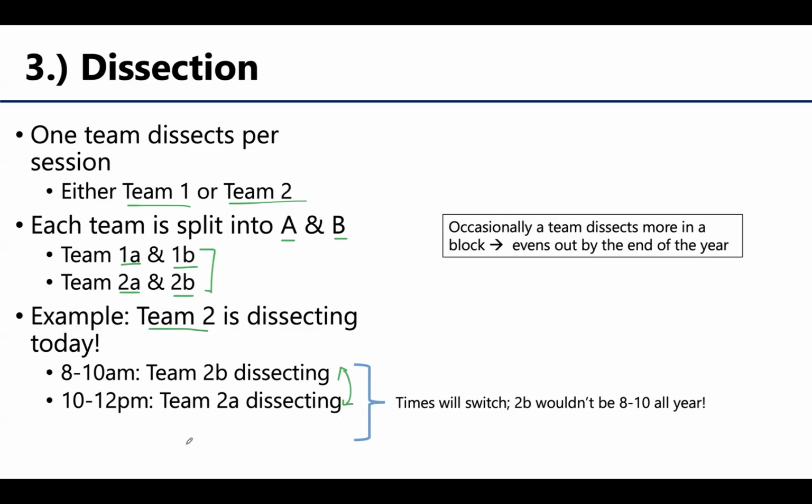So it's really important to watch that Canvas calendar to best understand when you will be dissecting. That's something that always happens, is that somebody that came in and dissected at 10 to 12 on one session forgets that it switches and they come in really late for a session. And you don't want to do that. So make sure that you have your Canvas calendar handy and that you can understand those things.